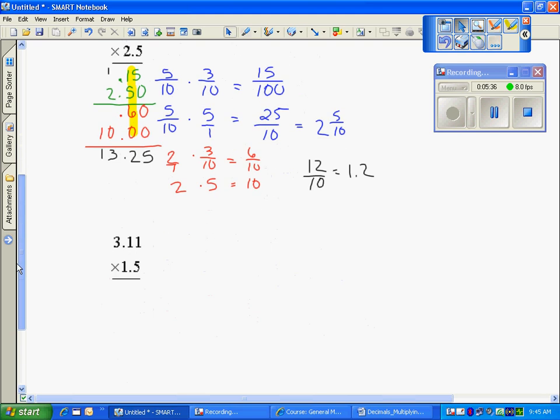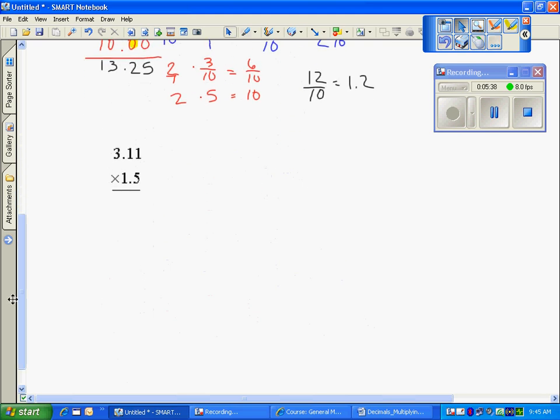Let's try the last problem. Even more of the distribution property needs to take place. In this one, 5 tenths times 1 100th. This is the 100th column. 5 tenths times 1 tenth.